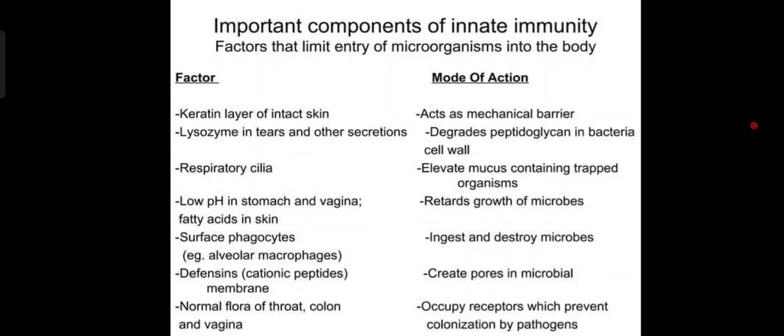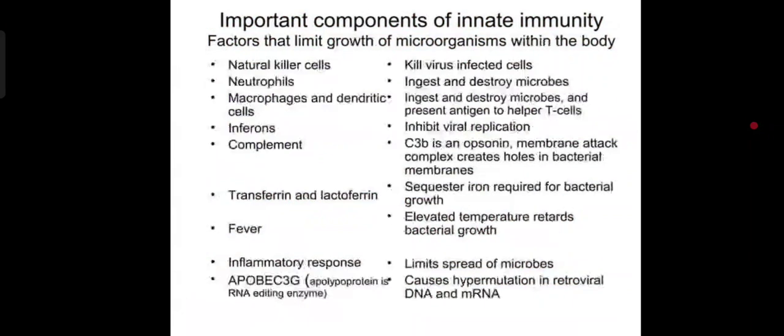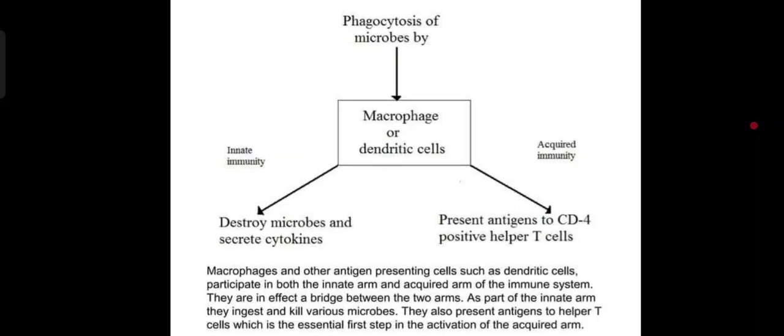Surface phagocytosis: ingest and destroy microbes. Natural killer cells kill virus infected cells. Neutrophils ingest and destroy microbes. Interferons inhibit viral replication. Fever, the raised temperature, retards bacterial growth. Inflammatory response limits spread of microbes.